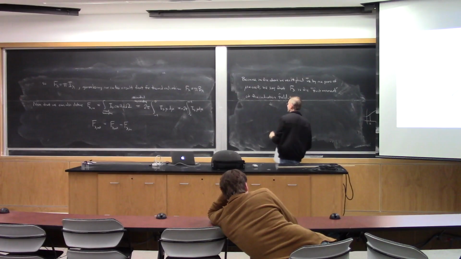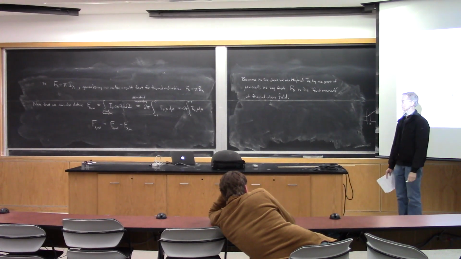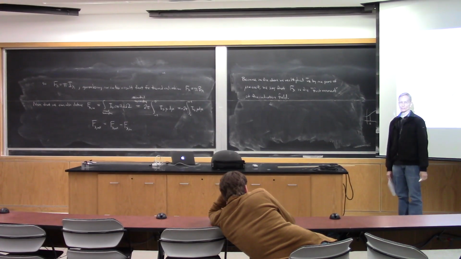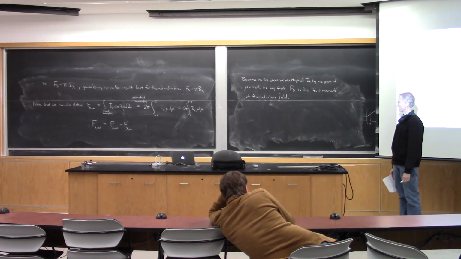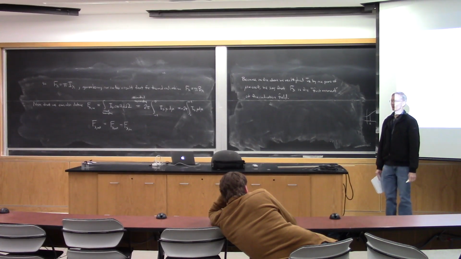And if that's the first moment of the radiation field, I'll give you one guess as to what would be called the second moment of the radiation field. Instead of integrating I lambda mu d mu, we integrate I lambda what d mu?